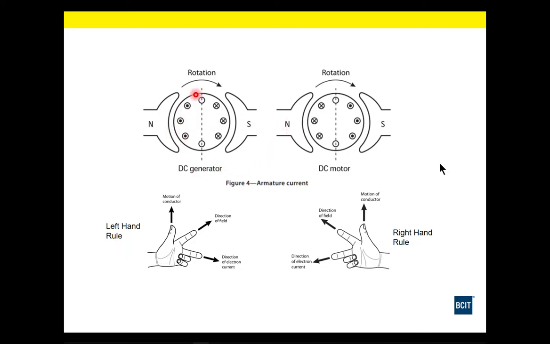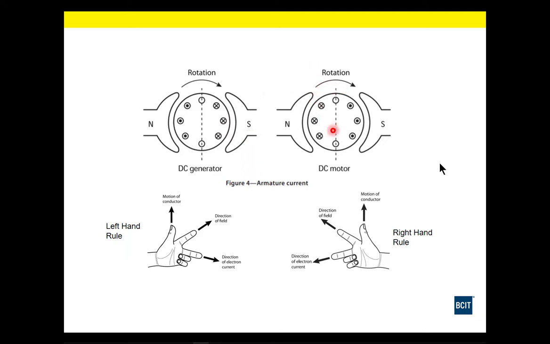And if we're rotating in a clockwise direction, we use our index finger to point in the direction of the magnetic fields. We use our thumb to point in the direction in which the conductors are moving. So at this point here, our middle finger is going to be pointing away from us and is in the same direction in which this X is signifying that the current is going away from us.